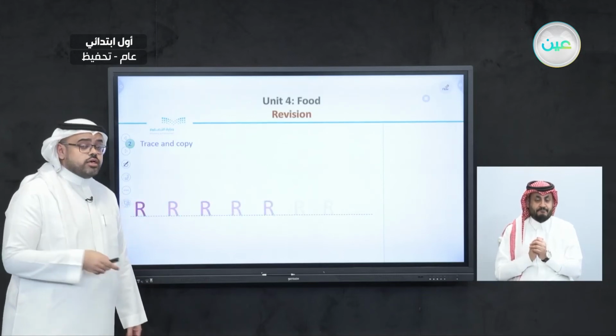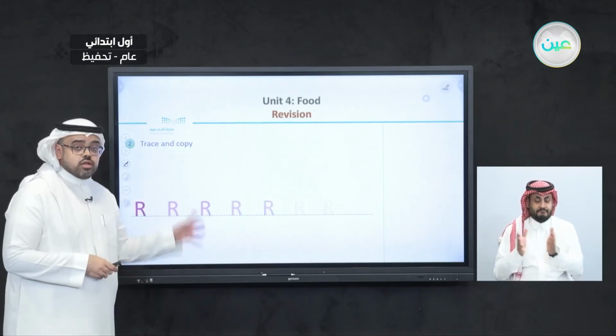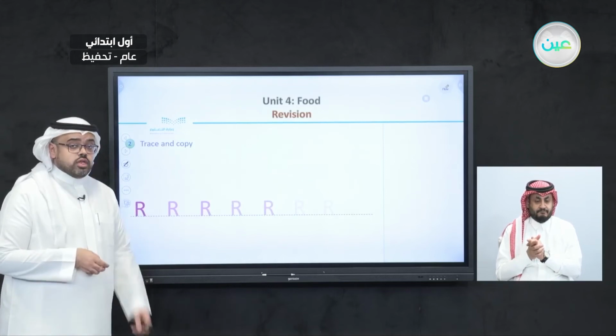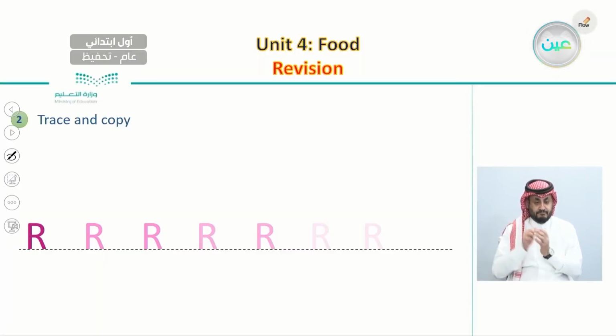Now let's remind ourselves of the last letter, which is the letter R. We traced the letter R like this, and the word we learned from R, if you remember, is the animal rabbit.